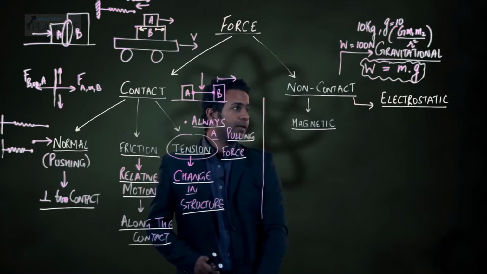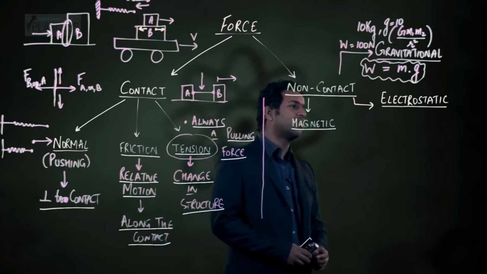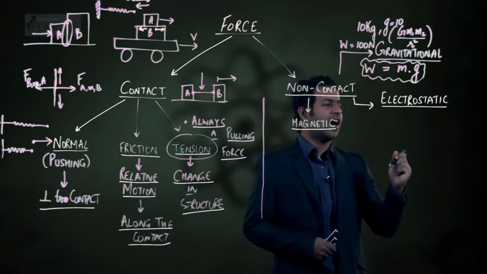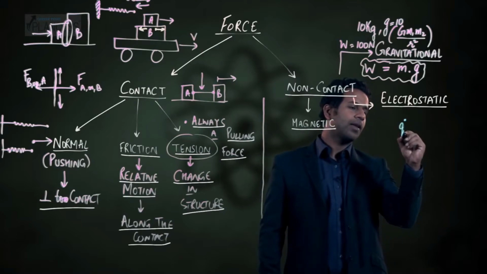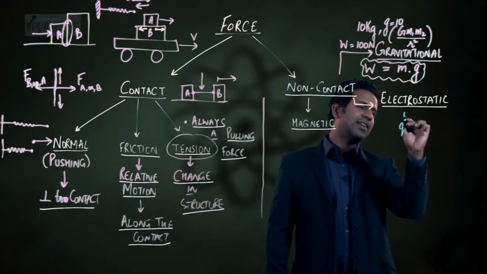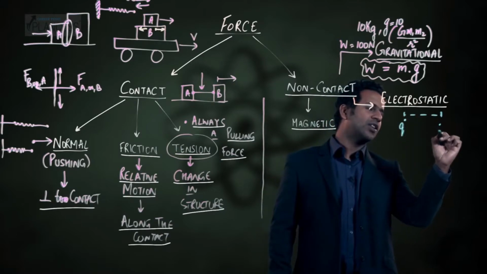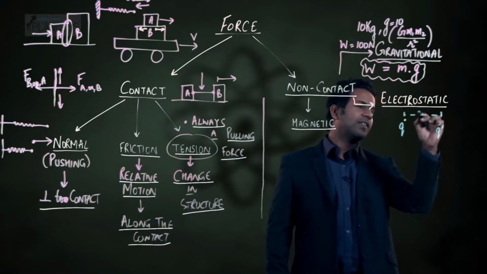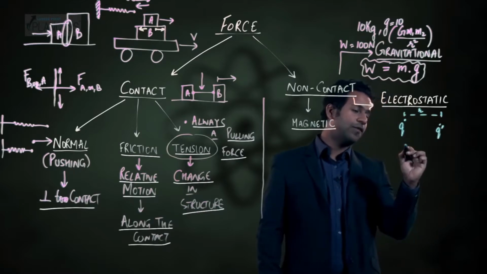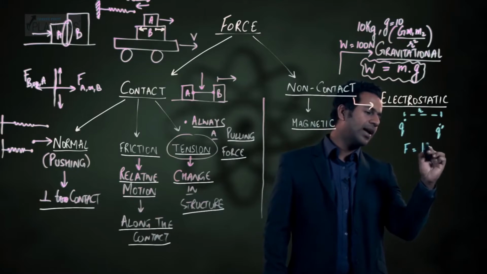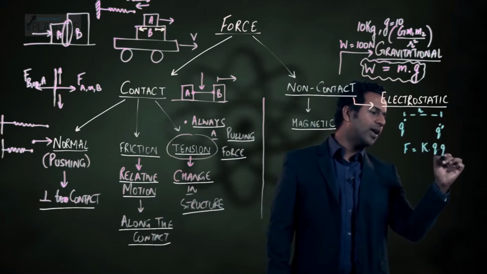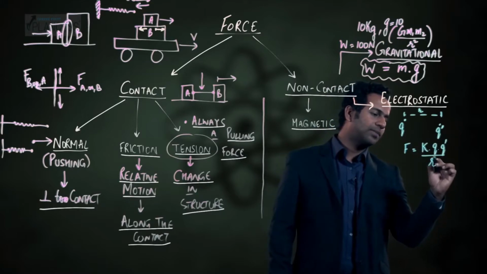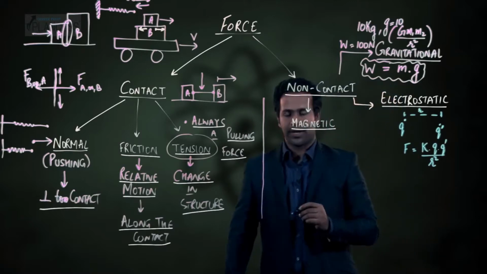Right. So in electrostatic forces, we discussed that a charge Q, when placed at a distance from another charge Q dash, if the separation is R, then the force between them is given by KQQ dash by R square. Right.